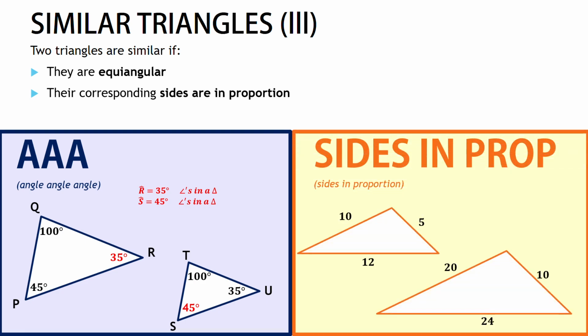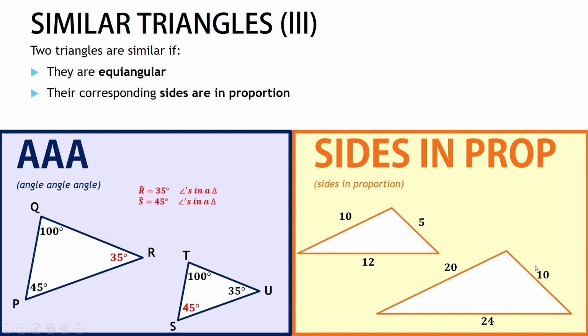Okay, sides in proportion, this is what it looks like. Here are my 2 triangles. I can see the side lengths here. So this is 5 centimeters, 12 centimeters, 10 centimeters, and then these ones are different, obviously. But if I were to try and see their proportion, I can see actually the sides are all in proportion. So the way that you do that is you go, okay, this is my shortest side in this triangle, and this is my shortest side here.